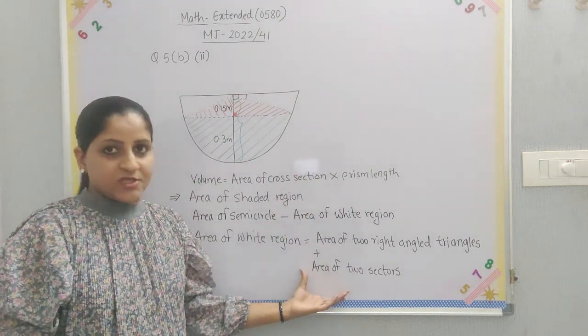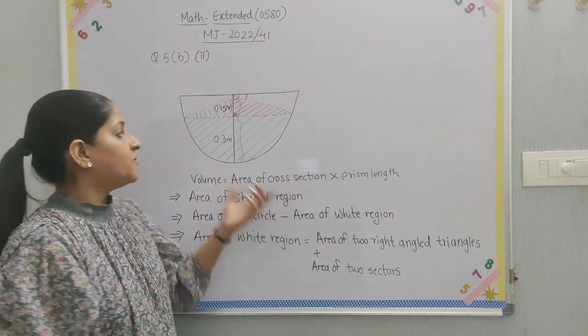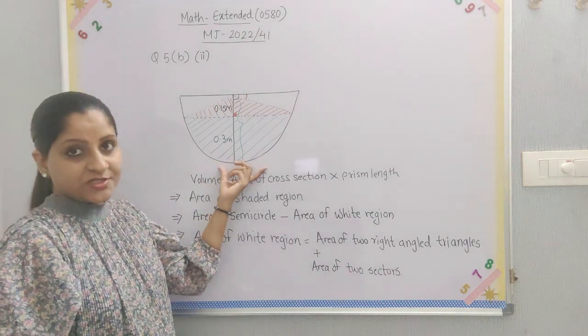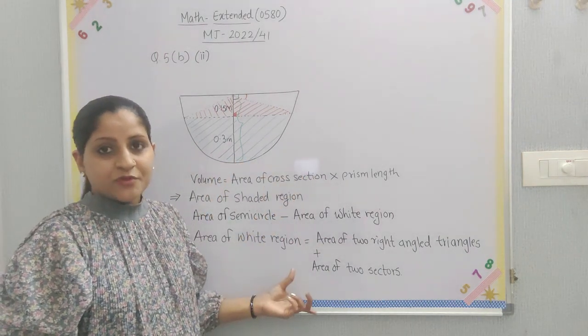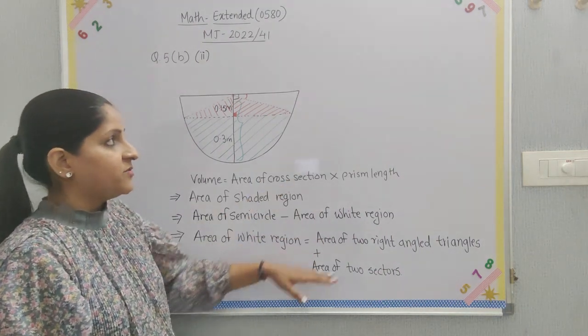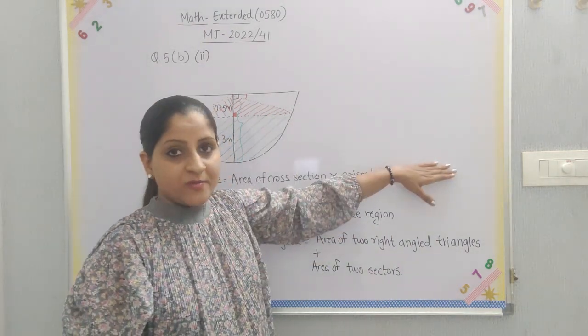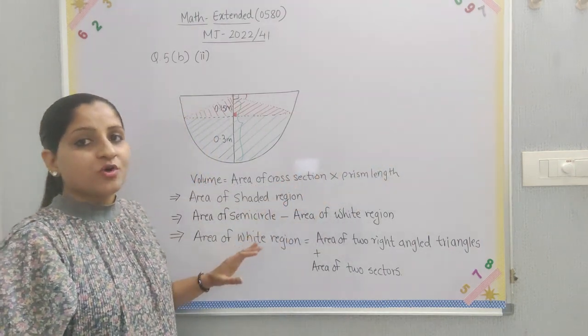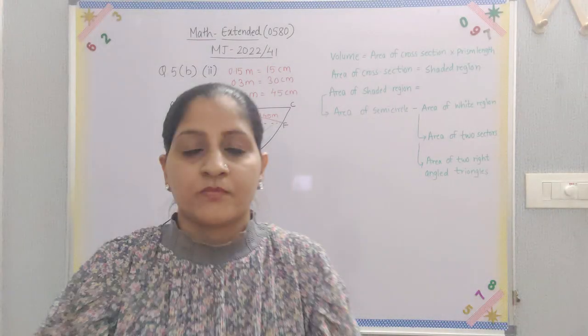All of these calculations we need to do in order to obtain area of shaded region. To make it easier for you to understand, I'm going to write down all these required information here on the corner of my board, and then I'm going to continue to solve it part by part here.